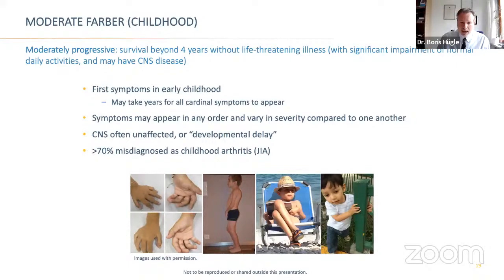They can have CNS disease and mental retardation, but more often they don't. And these are the patients where you actually really have to be aware and think about it. And the hoarse voice is frequently overlooked, but that's one marker that really helps doctors to make the diagnosis.